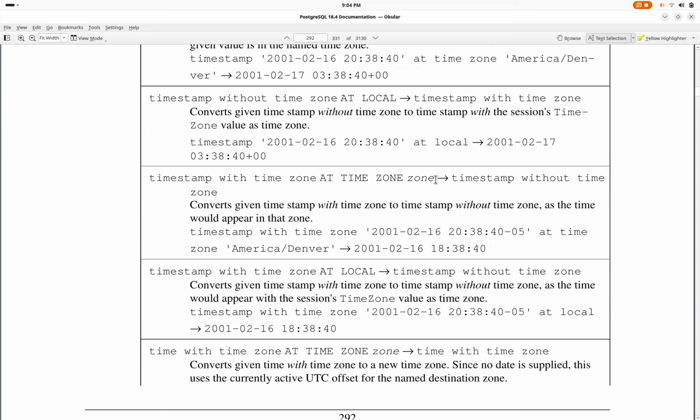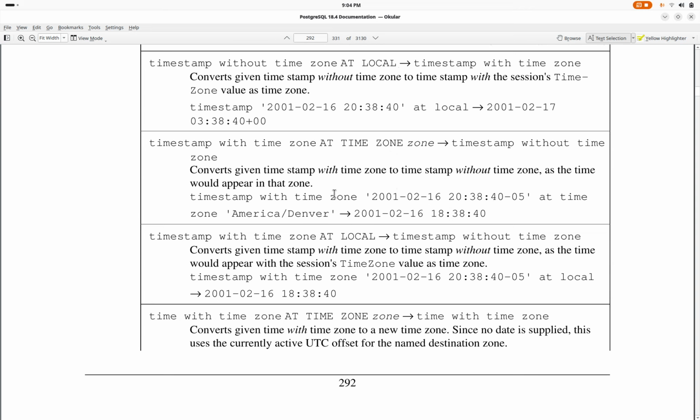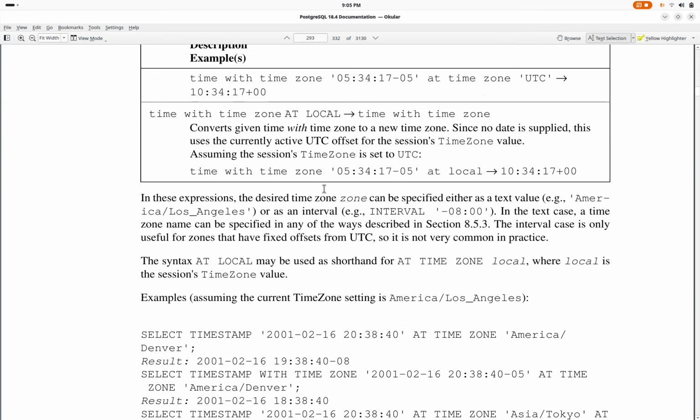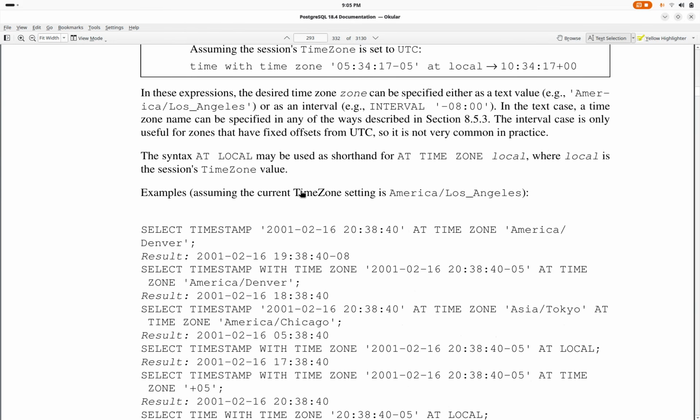We have this timestamp, and our time zone is America/Denver, and this is converted to the Denver time zone. Timestamp with time zone AT LOCAL is similar stuff going on here. So these are quite similar examples.